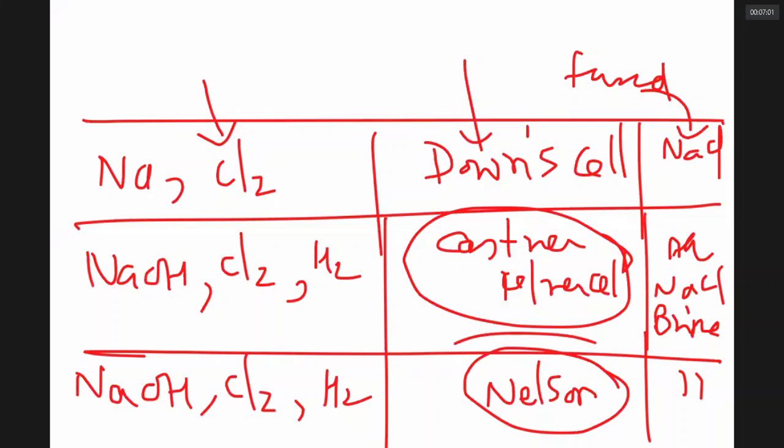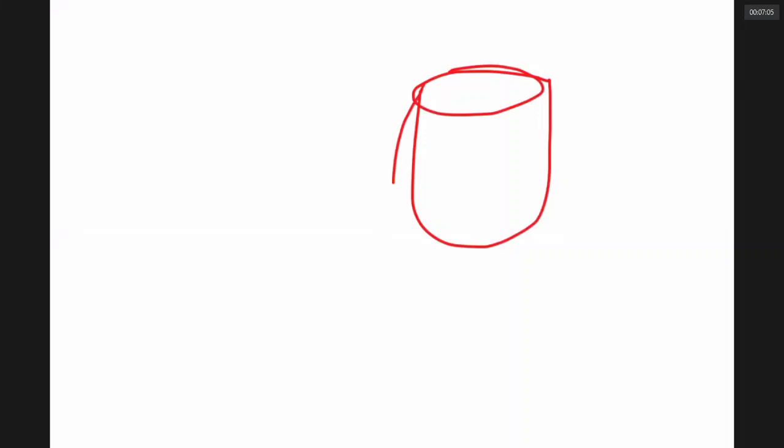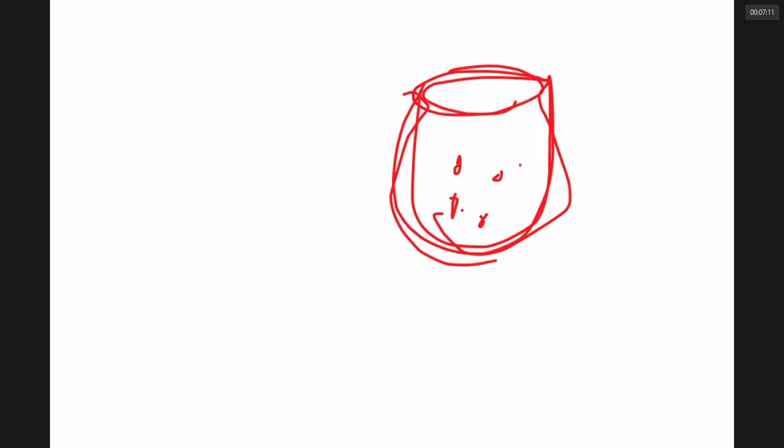We will be quickly looking at the Nelson cell. It is a U-shaped steel container. Can you think of containers like this? It is a U-shaped steel container. Is it very clearly visible to you, sir? Yes, sir.